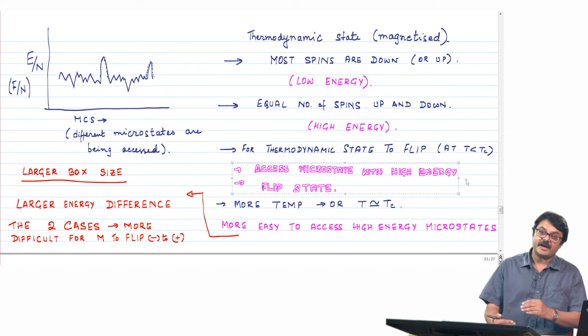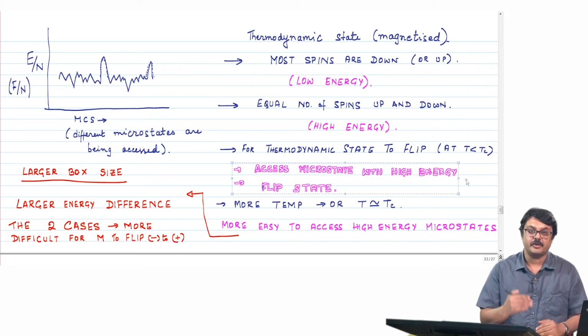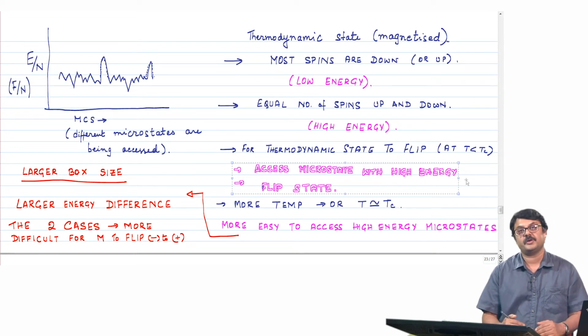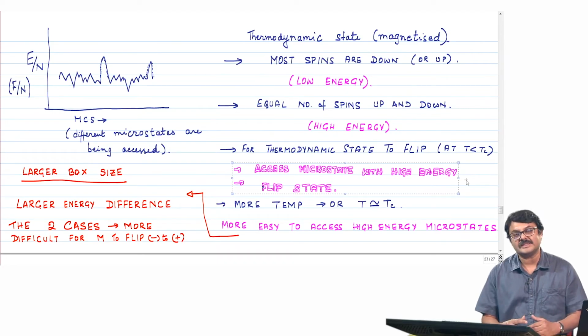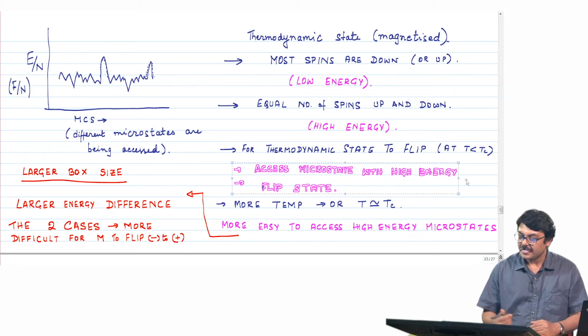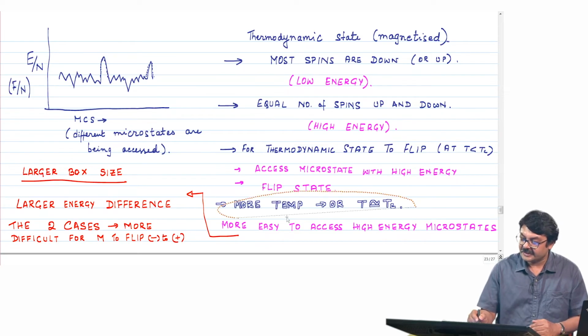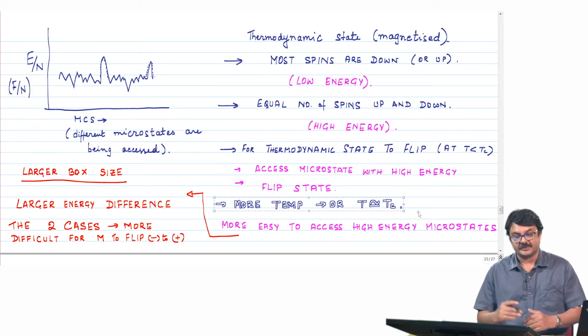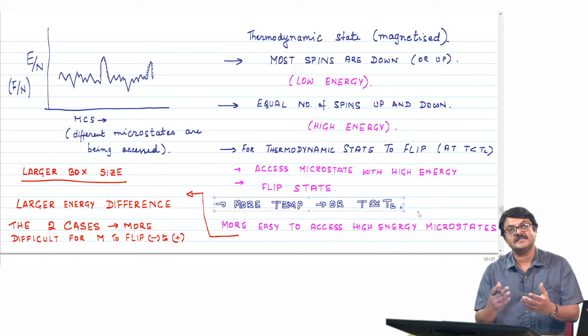Whereas at lower temperatures, say 1.8 or 1.5, the transition temperature being above 2.2, there is a much lower frequency of seeing these flips from positive to negative. So, increasing temperature increases the frequency of these flips, because higher energy microstates are easily accessible.